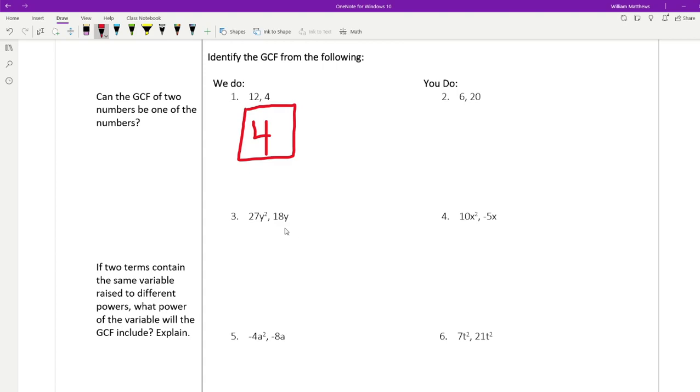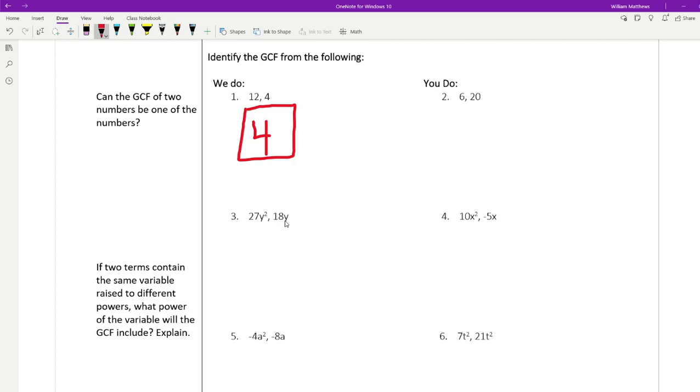Now sometimes it's not that simple, such as 18 does not divide 27, and now we have a variable in it. We understand that we can break the variable down based off its exponent, so we're going to use that as well. Variables are pretty simple. You simply take the smallest value, exponent-wise, of them.